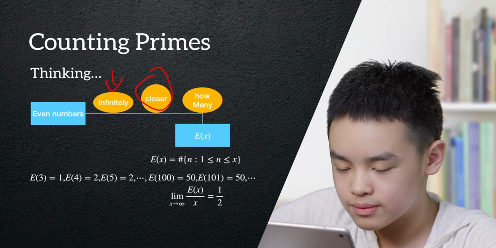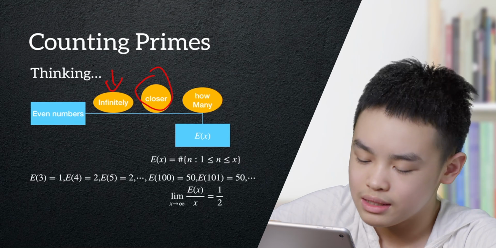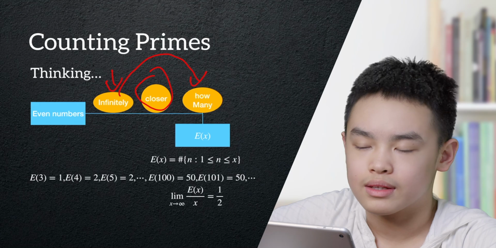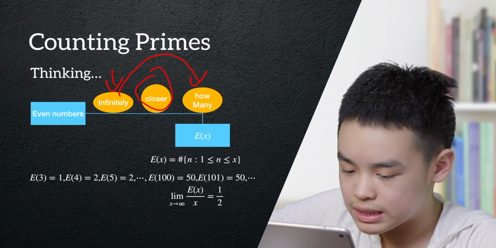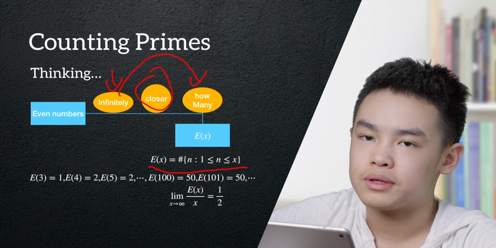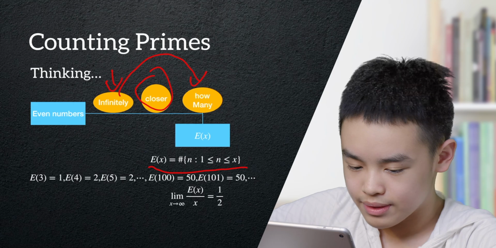So we're going to go from just answering infinitely to counting even numbers, and we're going to create a list called E(x), which is basically the number of even numbers between 1 and x inclusive.